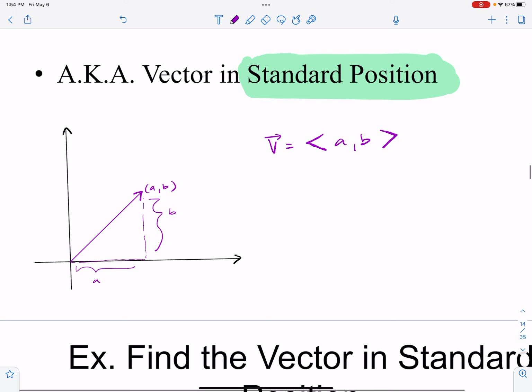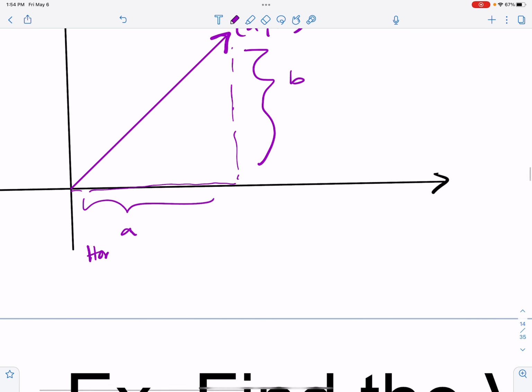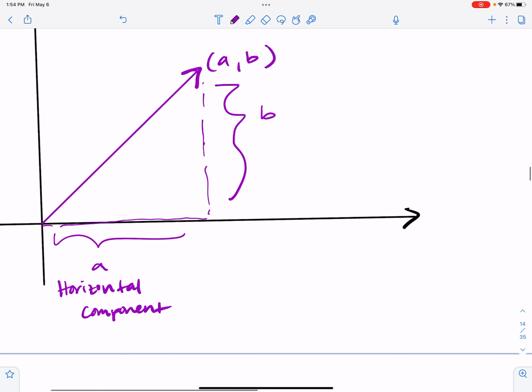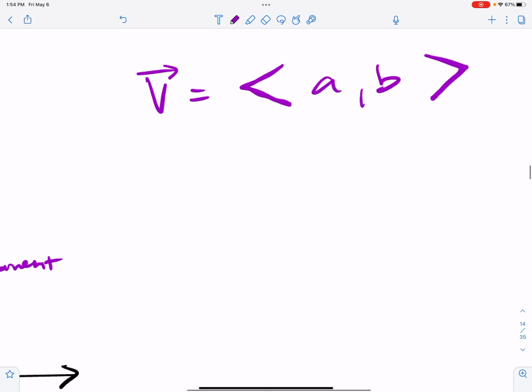We call A the horizontal component. And we call B the vertical component of the vector. This is also in some texts referred to as component form.